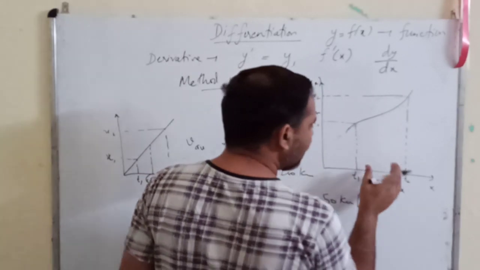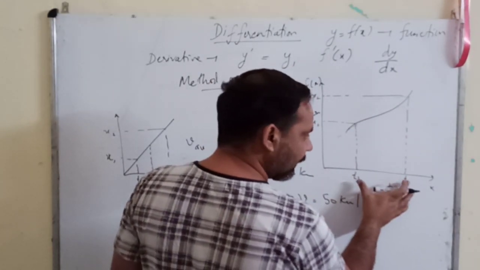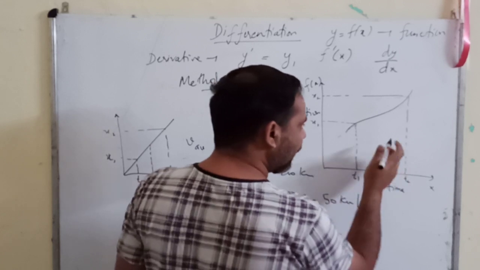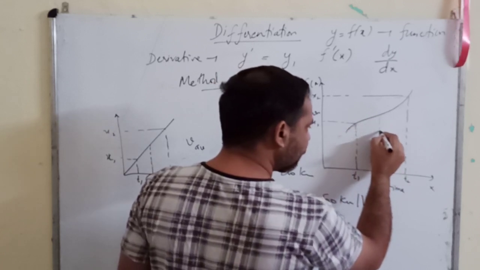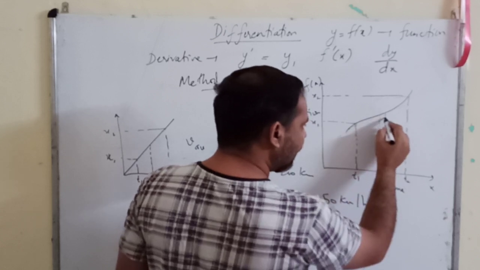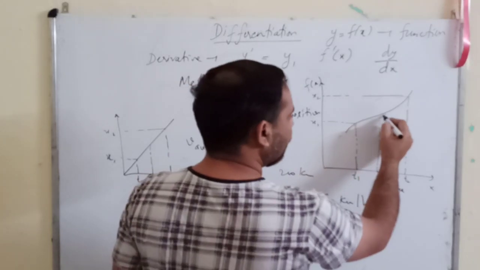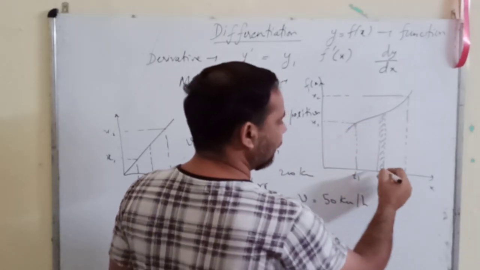Now, how will you get the instantaneous velocity? This is a time interval. Now if you decrease the time interval, I brought this t1 here and this t2 here. This is the strip I am getting.